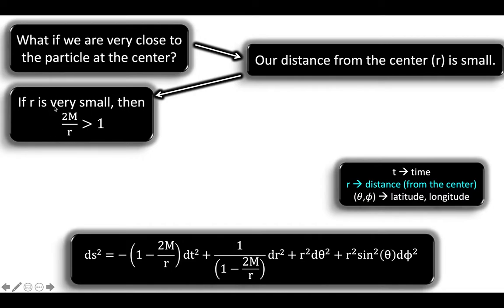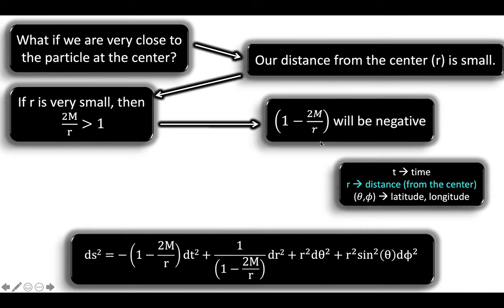And if you don't want to follow along with the math, that is fine. Just pay attention to the next animation on the slide. If 2m over r is a number bigger than 1, then 1 minus that number is going to be a negative number. So this term in parentheses, 1 minus 2m over r, will be negative.